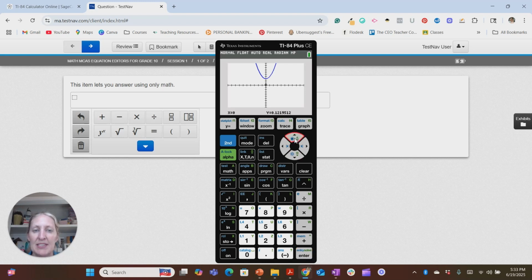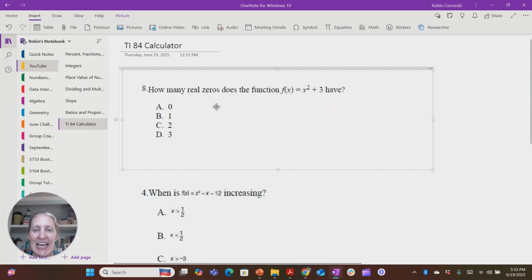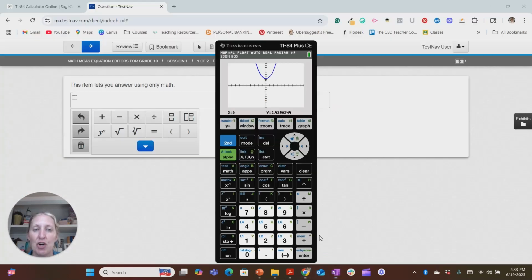Again, if I wanted to zoom in on my graph, I'm just going to use the arrow keys and go up. We don't really need the zoom feature for this question in particular, because if you look at the question, it says how many real zeros does the function have? Well, that would be your x-intercepts where the graph crosses the x-axis, and there are none.